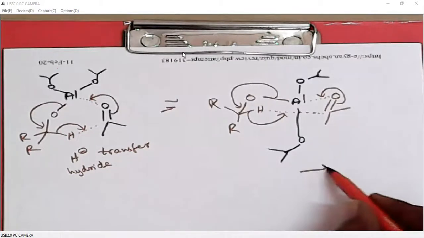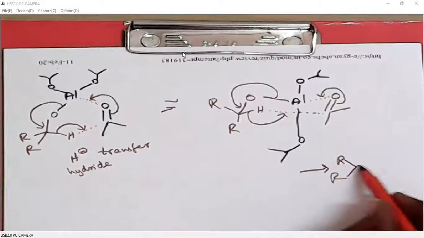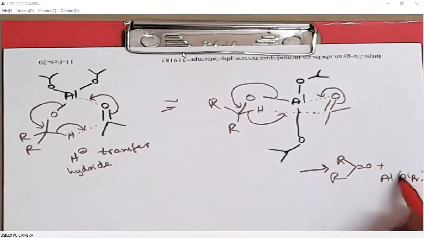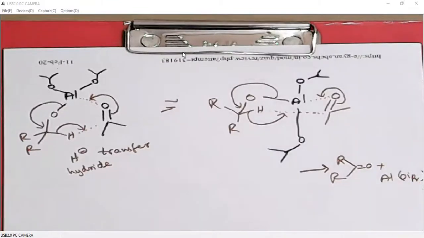So the product will be the ketone plus aluminum triisopropoxide. So this we can explain with a 6-membered transition state. We can easily predict this, and easily explain this using the chain transition state.